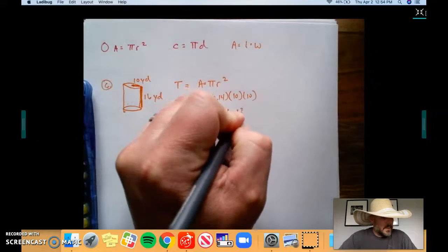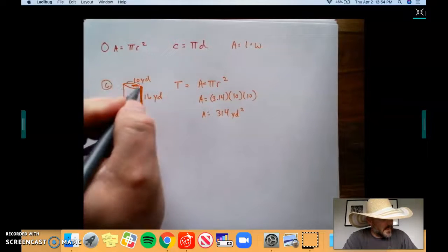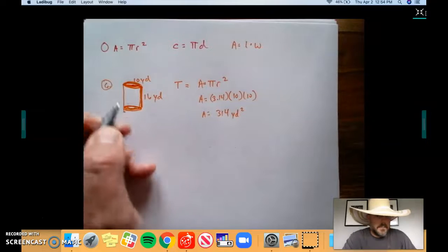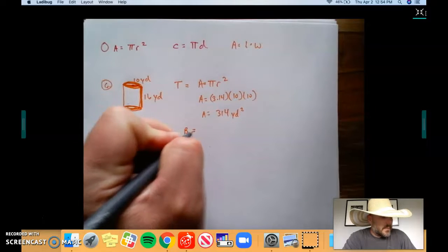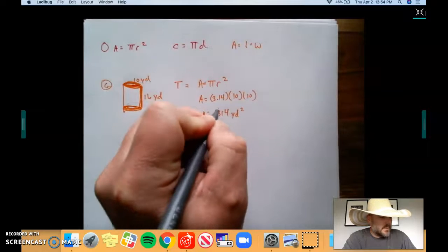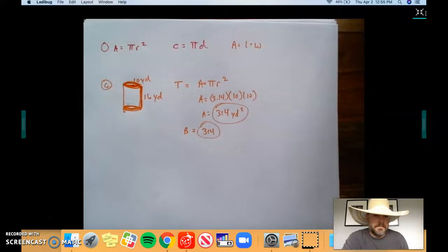We are using yards, so that's yards squared. And remember, this circle, the top of the cylinder, is the same as the bottom. So I don't need to do another math problem. I just make sure I write it down so I don't forget it. I have 314 for the top, 314 for the bottom.